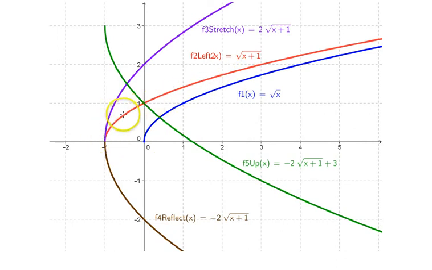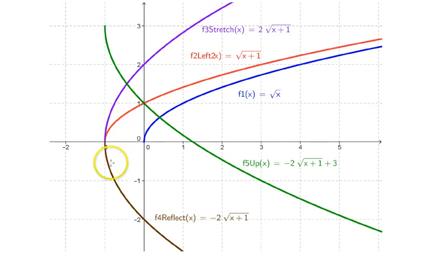Now we're going to take that one and multiply it by a coefficient of 2, which will be a vertical stretching of it up. We see this purple one here is stretched up from the red one. That's the third stage. The fourth stage down here will negate the entire function, take minus 2 square root of x plus 1.